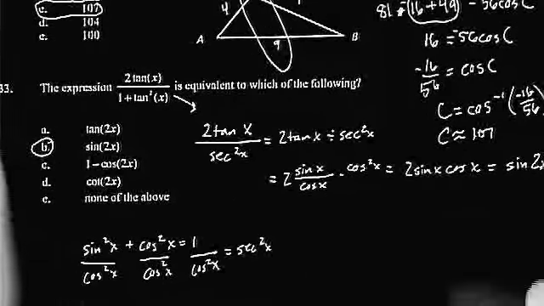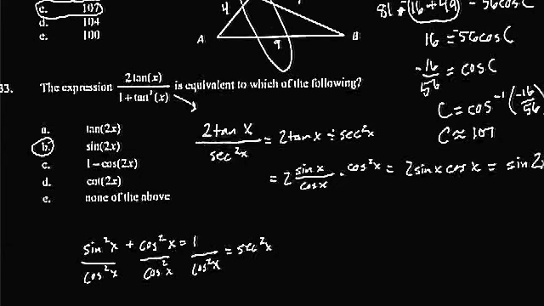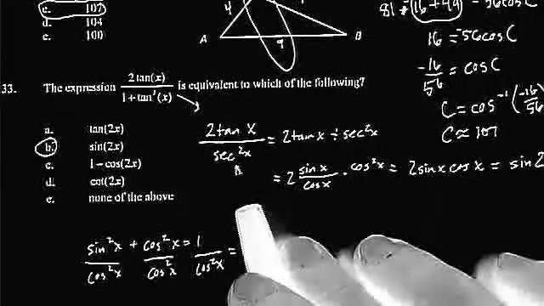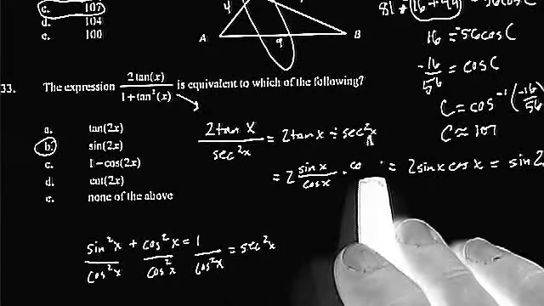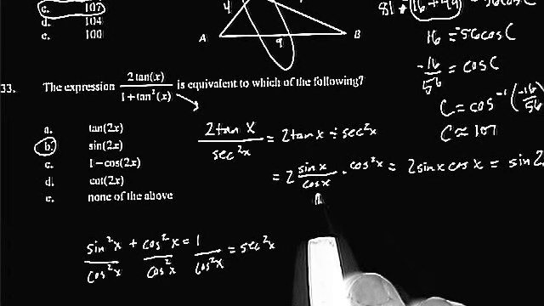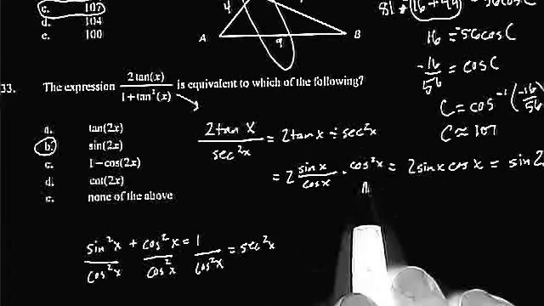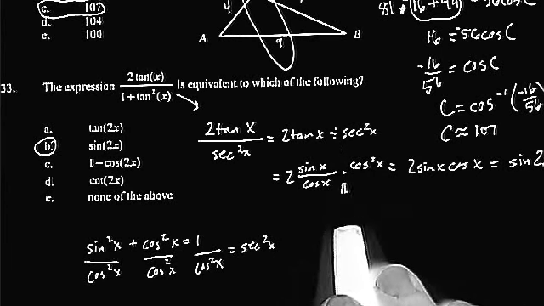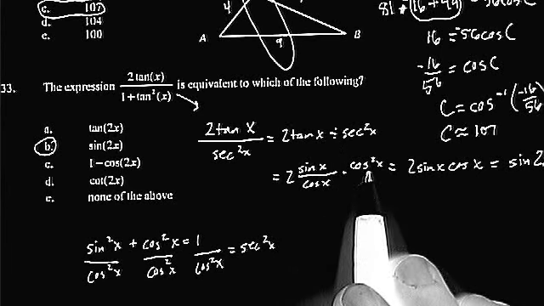Okay, so this expression is equivalent to which of the following? So 2 tan x divided by secant squared x. I wrote it out horizontally, and then I changed tangent x to sine x over cosine x. And secant squared, I changed from dividing by that to multiplying by the reciprocal.